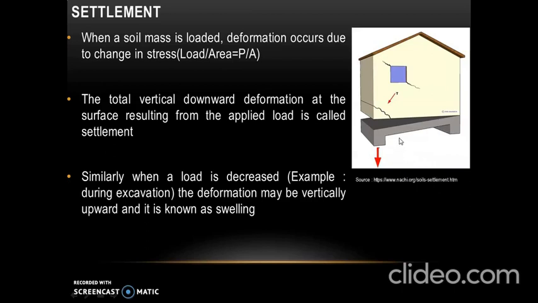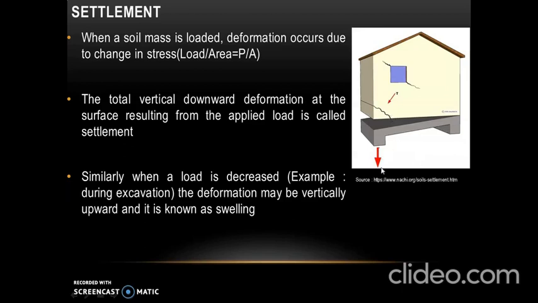And due to this deformation, there will be vertical downward movement of the soil, and this is what is referred to as settlement. So settlement is nothing but the total vertical downward deformation at the surface of the soil mass which results due to the applied load.